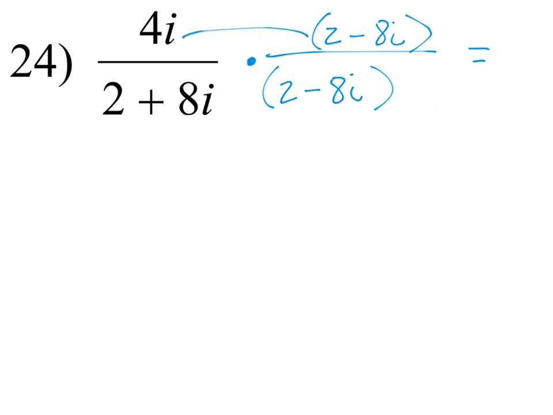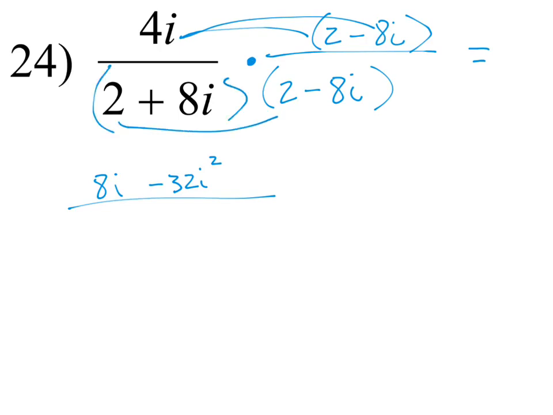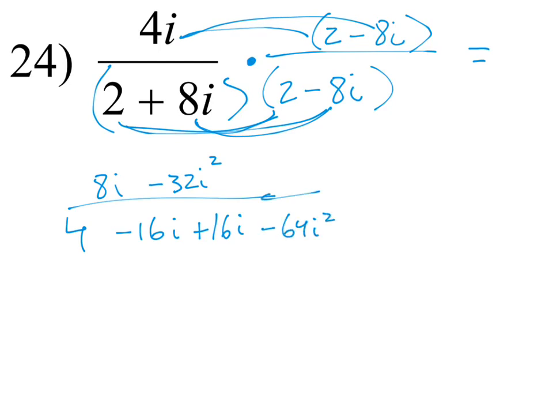4i times 2 gives you 8i, and then 4i times negative 8i gives you negative 32i squared. And then on bottom here, we're going to have to do 2 times 2 is 4, 2 times negative 8i is negative 16i, 8i times 2 is positive 16i, and then 8i times negative 8i is negative 64i squared.